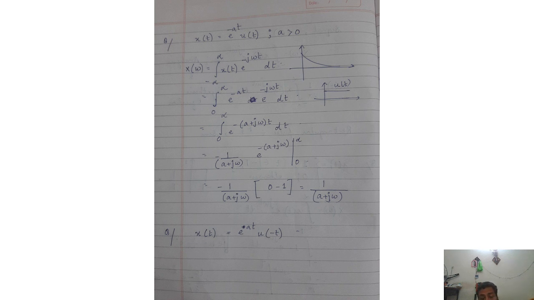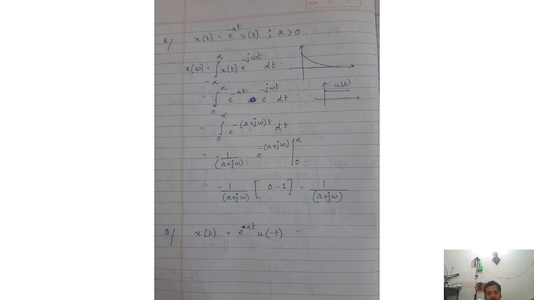Then we all know e to the power minus infinity is equal to 1 by e to the power infinity, and e to the power infinity is infinity, so 1 by infinity is 0, and minus e to the power of 0, and we know anything to the power 0 is 1, so ultimately we get a value of 1 by (a plus j omega). Okay, this is a very simple problem, and I think it's pretty clear how the problem is solved.